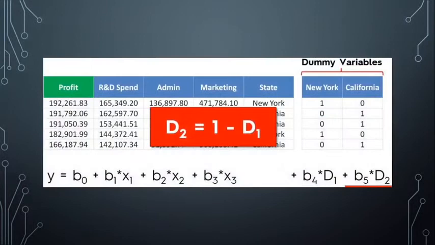This is because if you actually try to implement both of these columns into your equation, you're being repetitive in some sort of way. Like for example, d2 plus d1 is always going to be 1, all right? So there is a linear relation between them. So dummy variable 1 plus dummy variable 2 is always going to be 1.